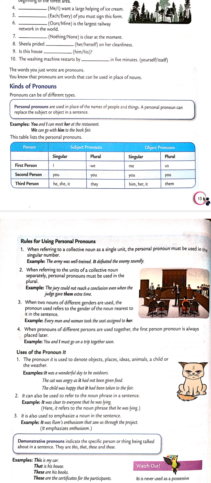Now students, when two nouns of different genders are used, the pronoun used refers to the gender of the noun nearest in the sentence. What did I say? When two different genders. So see the example and try to understand. Every man and woman took the seat assigned to her. So the first noun is man, the last noun is woman.